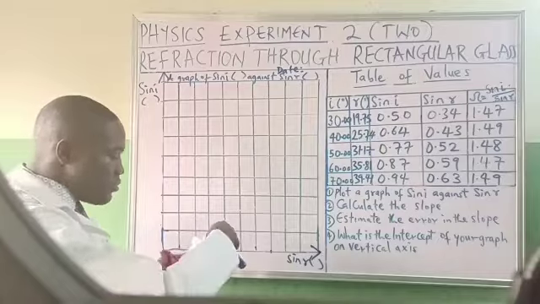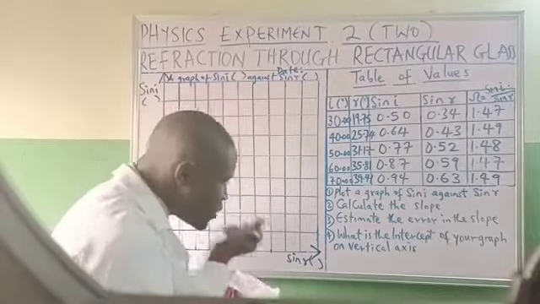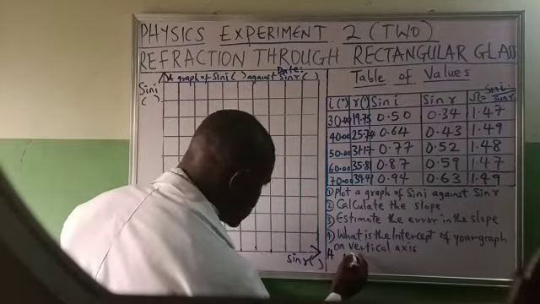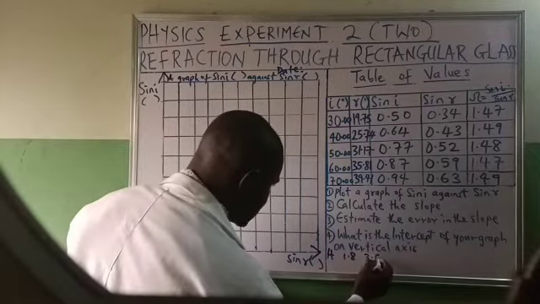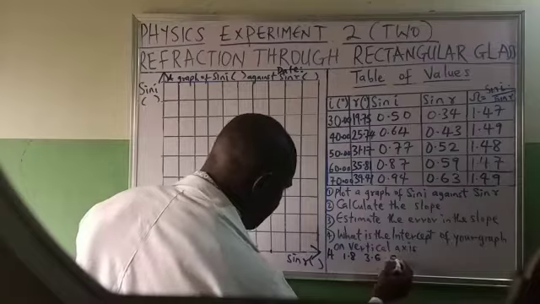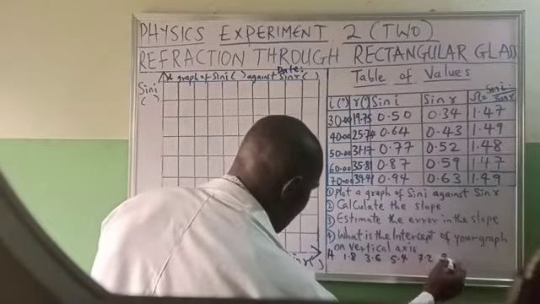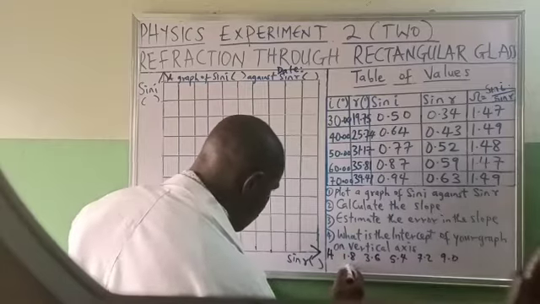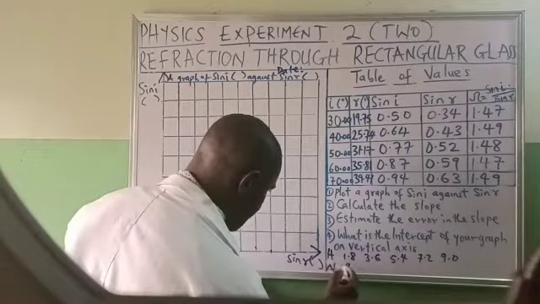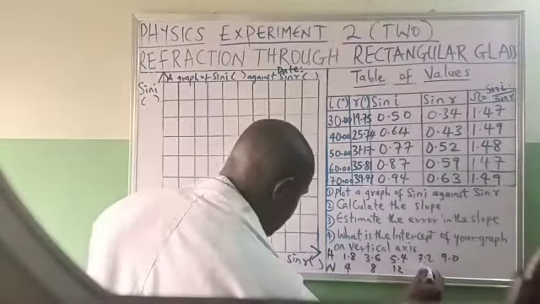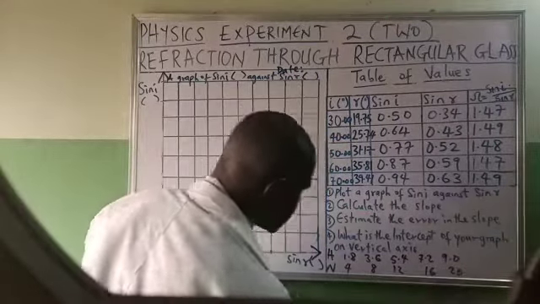Now, assuming you are given the following reading, they say here is H: 1.8, 3.6, 5.4, 7.2, 9.0. For here N: 8, 12, 16, and 20.